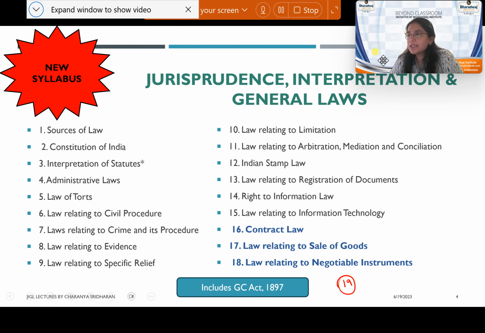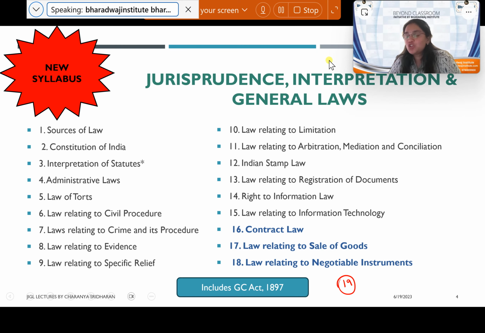Okay? On the top margin, write down jurisprudence J caps, interpretation I caps, general laws G caps. Okay? G caps. Clear, everybody? Jurisprudence, interpretation and general laws on the top margin, everybody.